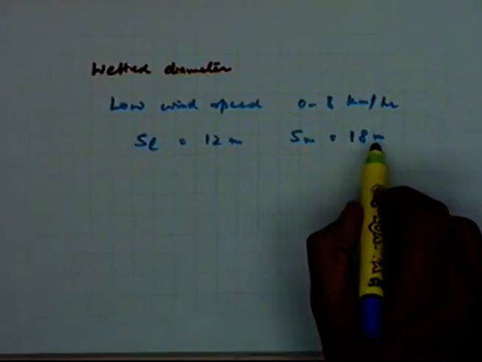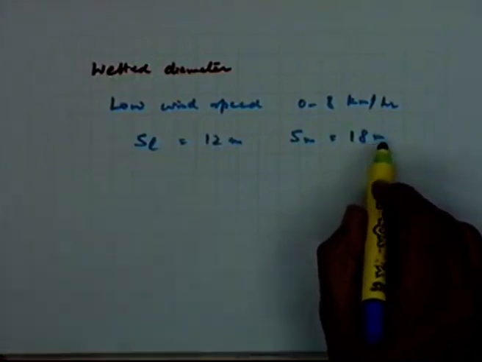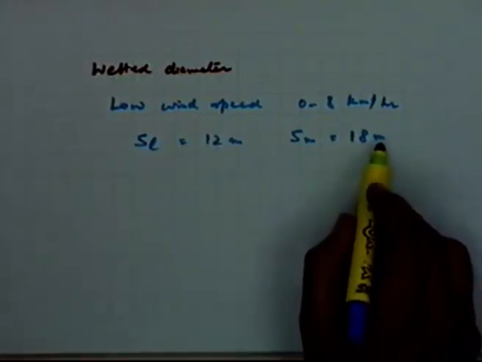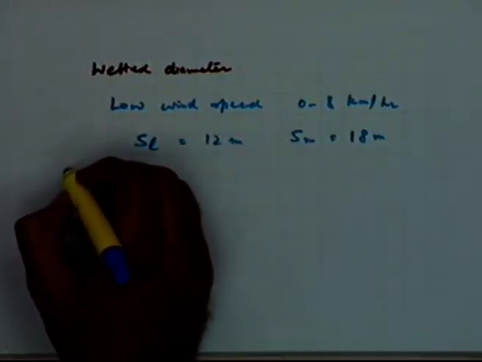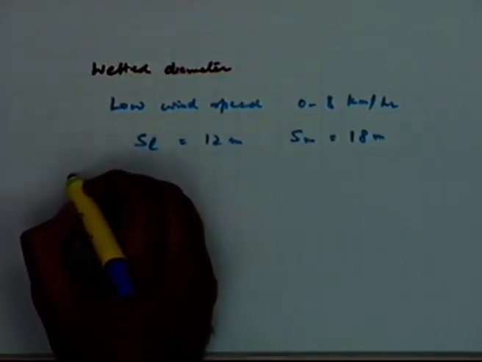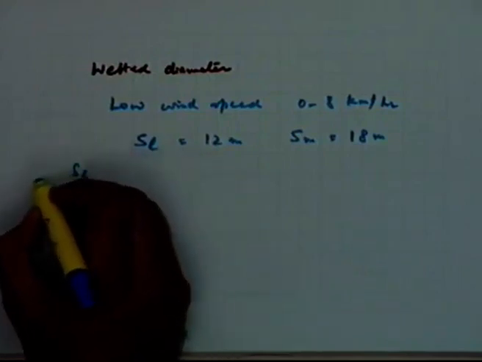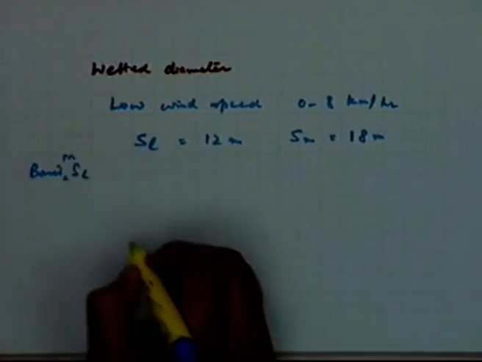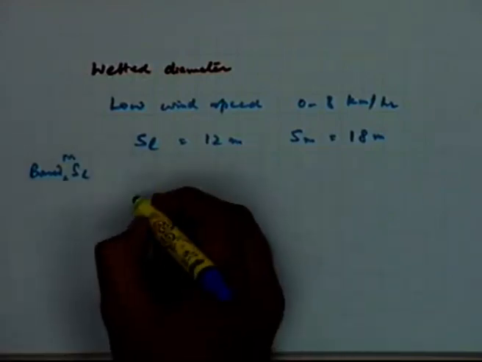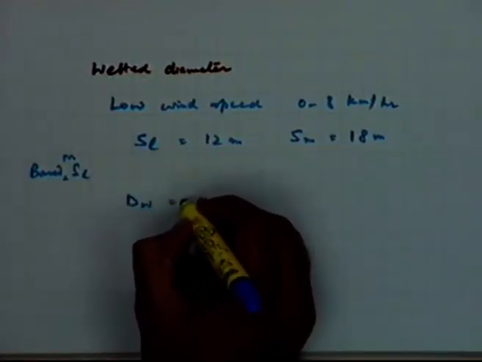If we can afford to have 18 meter spacing, then we'll rather have 18 meter spacing because it will be more economical. So we'll take this as the first choice. Now, using that table based on SL, you can find out the value of the wetted diameter.